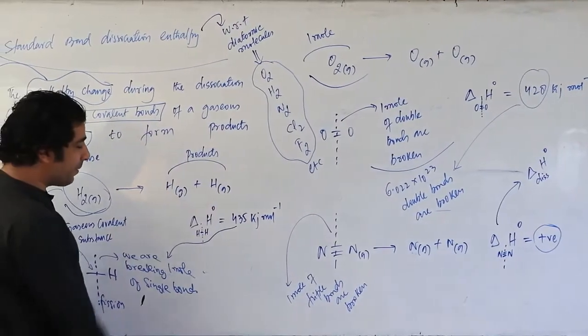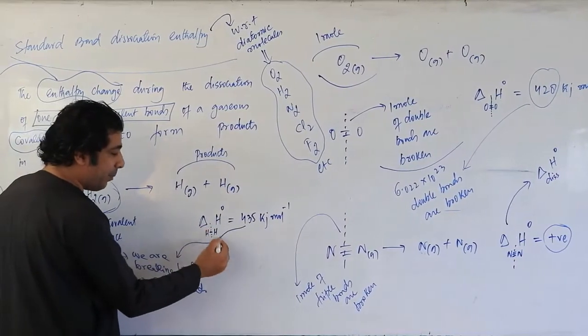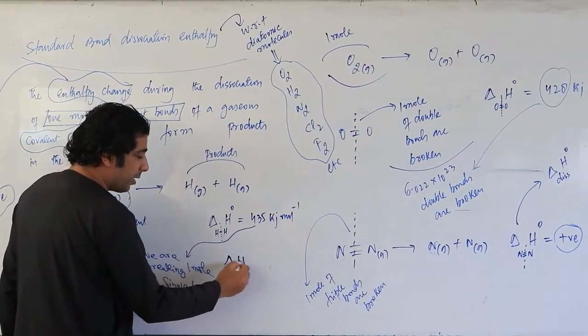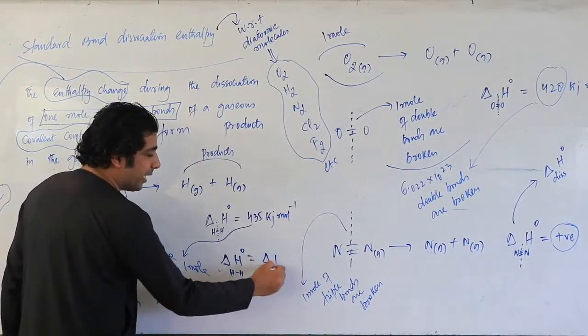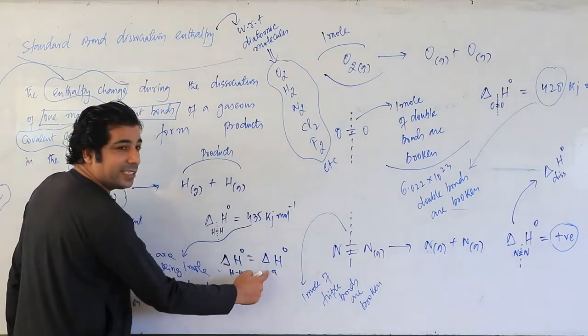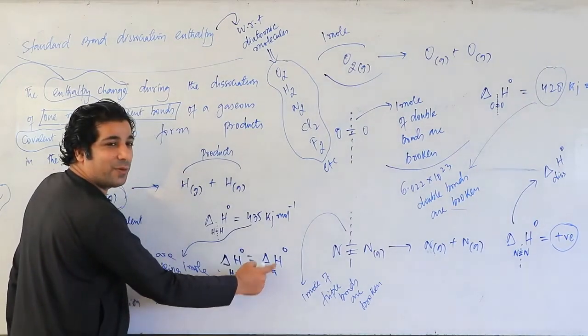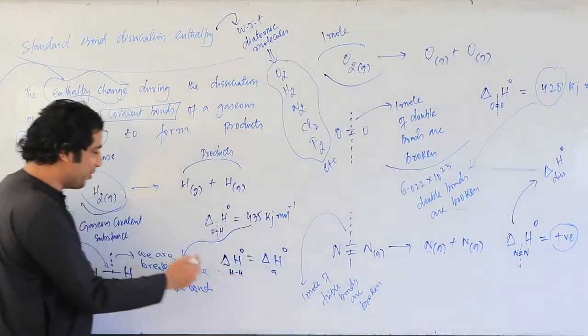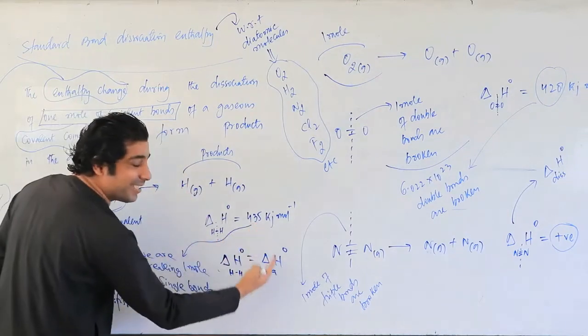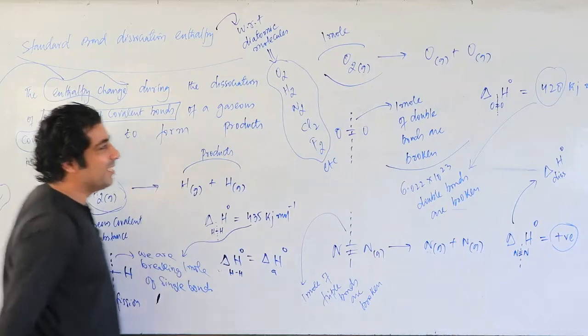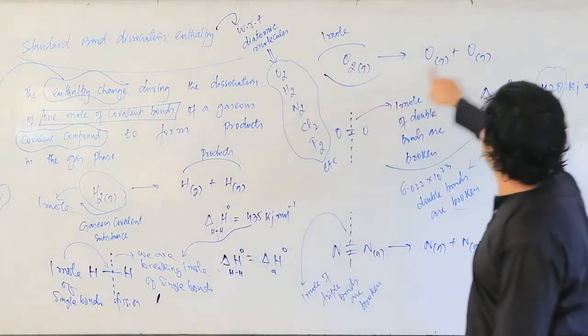So that means this dissociation enthalpy here can be also taken as equal to delta H A naught, that is the standard enthalpy of atomization. They are equal. Because you are converting this molecule into atoms, and that is your standard enthalpy of atomization. And here also you are converting this into atoms.